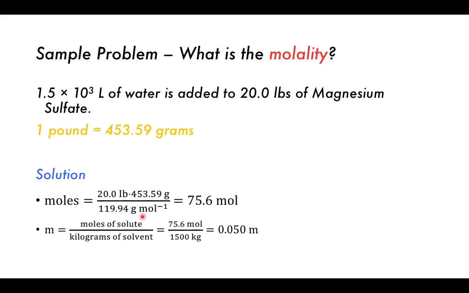Then in order to calculate our molality of solution, we're going to be looking at moles of solute divided by kilograms of solvent. So we'll get 75.6 moles divided by 1,500 kilograms, which is the mass of our water. That's going to be equal to 0.050 molal in this case.